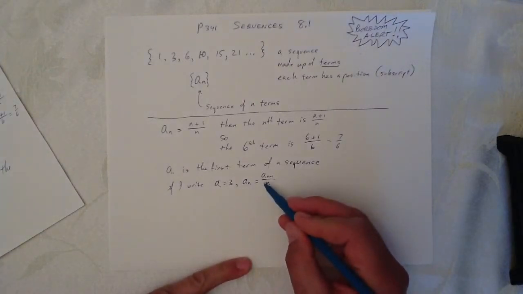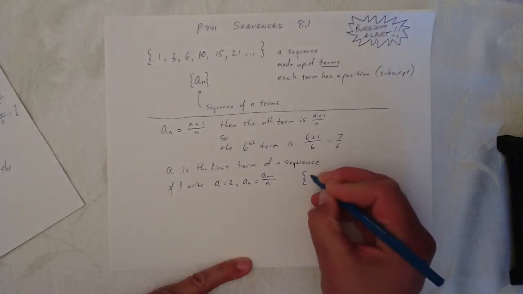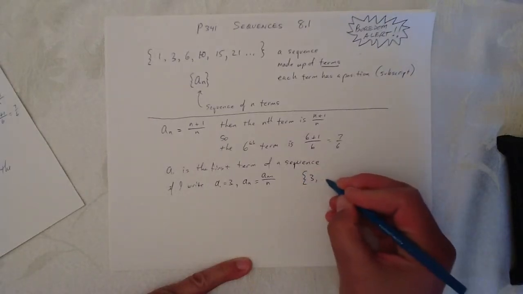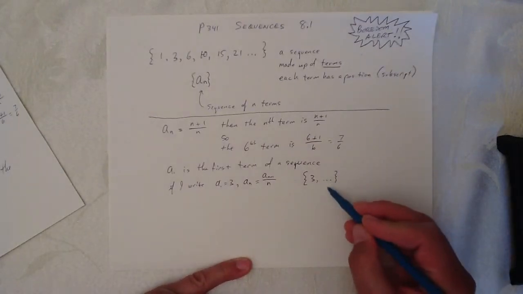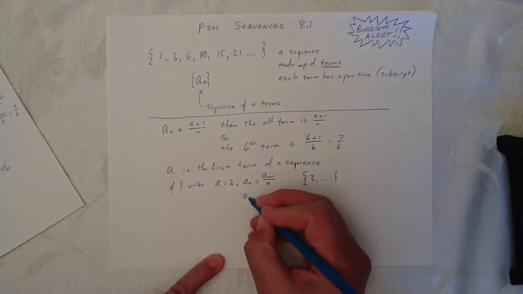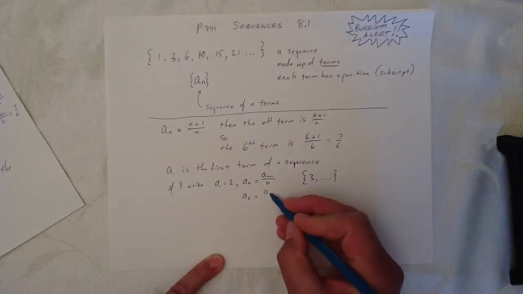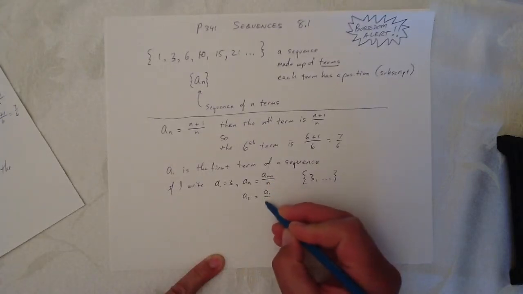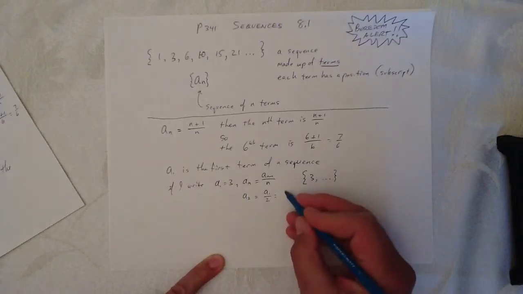That's kind of complicated. So this sequence would look like this. The first term is a 3, and then it goes on for a while, and we don't know what the rest of these are. But I can figure out A_2, because A_2 equals A_(2 minus 1), so A_1 over 2, which equals 3 over 2.